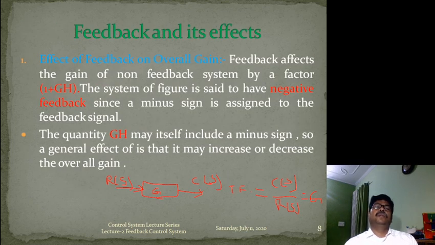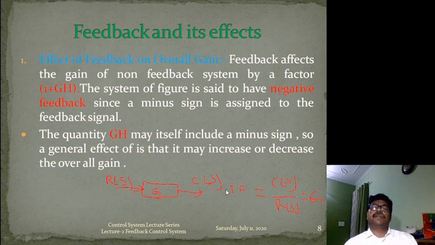Now, if we are passing a feedback, certainly it will affect the system performance. So the first effect is the effect of feedback on overall gain. Here you can see in this block diagram, this is a plant having a gain of G, input R(s), output C(s).